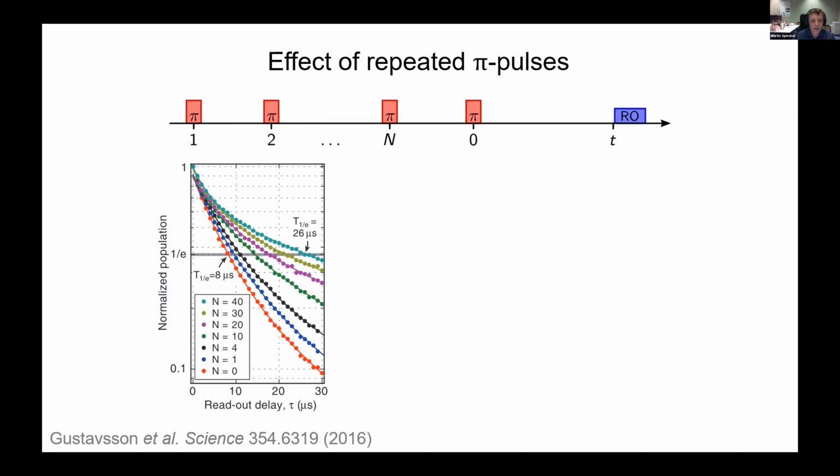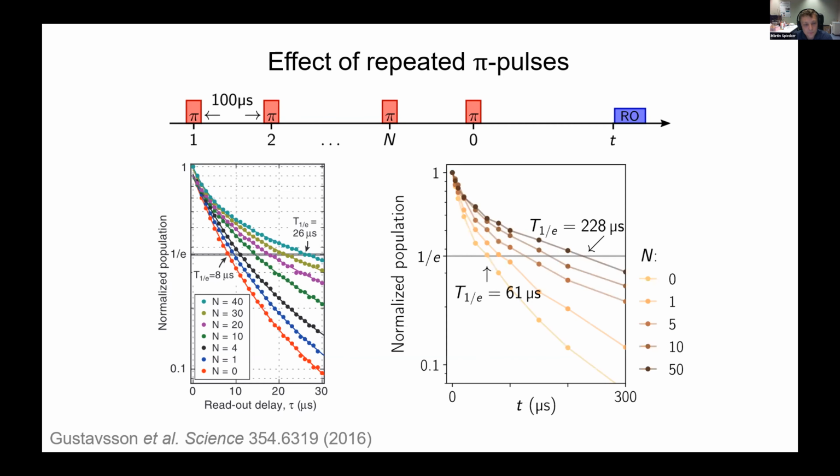With our qubit, we were able to replicate these results, shown here. The pi pulses were about 100 microseconds apart, and we get qualitatively a very similar result. Quantitatively, our qubit is much longer lived, like 10 times. And the question was whether you could enhance this effect and maybe understand its origin.